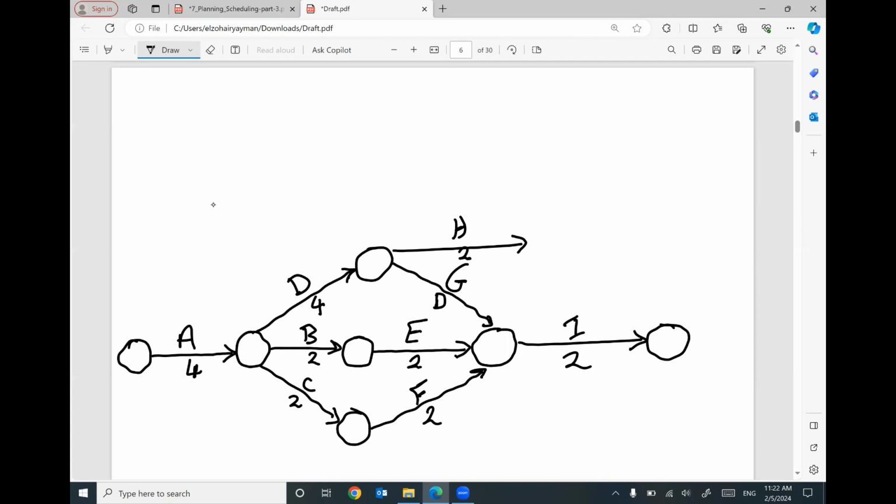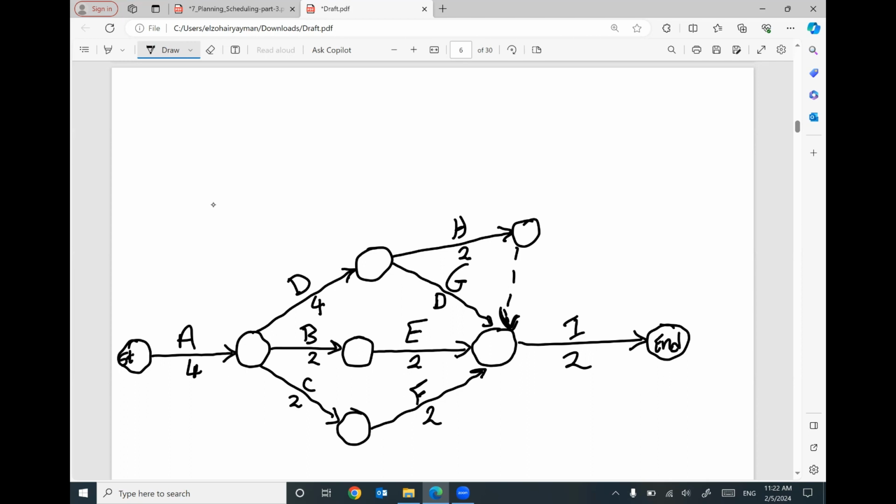I think we can make a node here and add a dummy activity like this. Or we can make it smaller like this. This is activity H, and here is the dummy. That makes sense. So you can rearrange your network until you reach the best one.